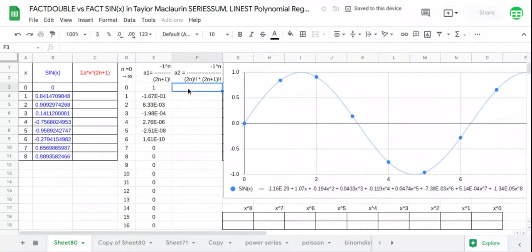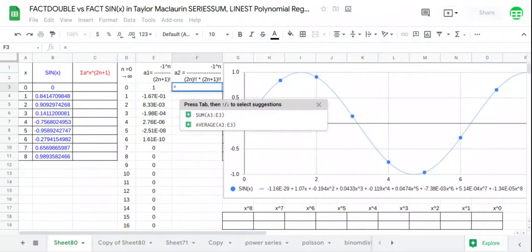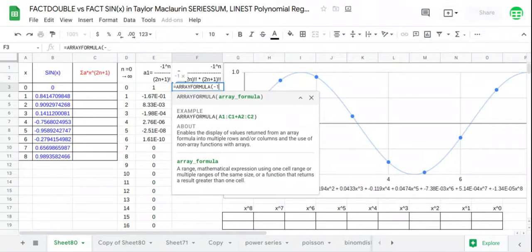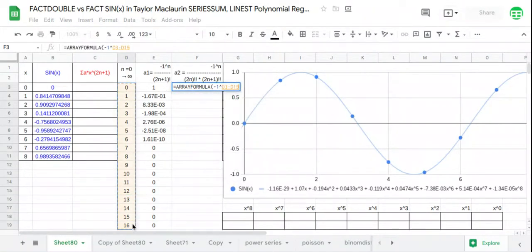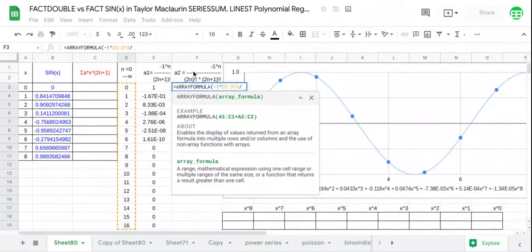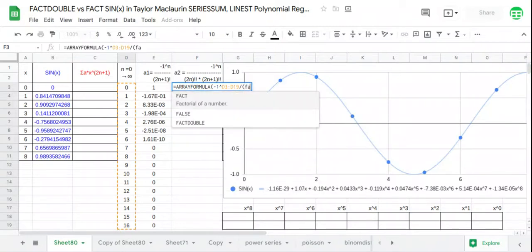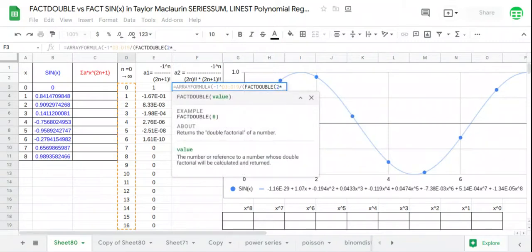And we continue with the double factorial. Array formula, minus 1 raised to the power n divided by, this time there are two parts, double factorial 2n and double factorial 2n plus 1. So start with the first part. Double factorial 2 times n.